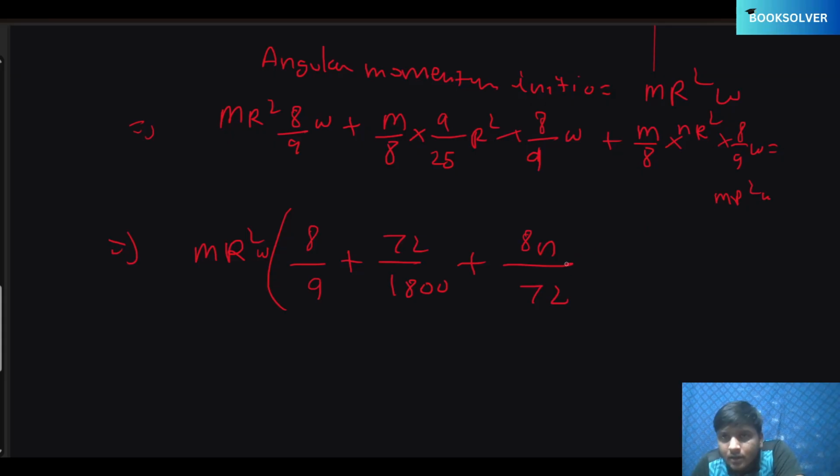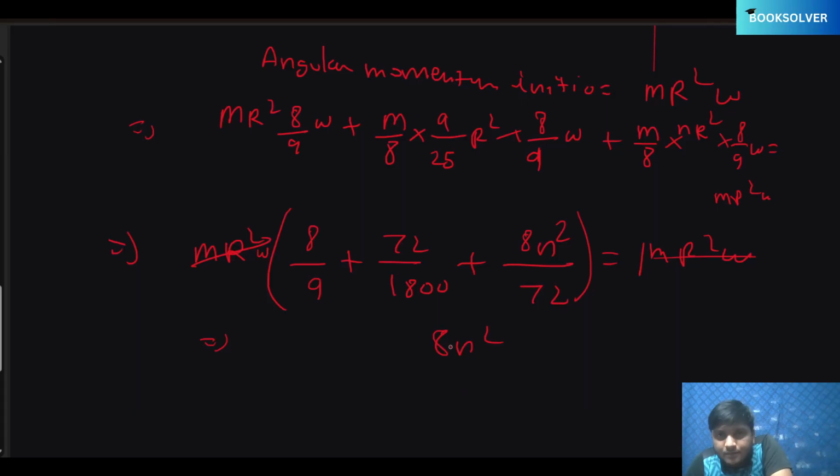There should be an n square because n times r will also be squared. Now this should be equal to m r square omega, so if we cancel all the common parts, this should sum up to 1. If we subtract from 1, 8n square by 72 is basically n square by 9 only.